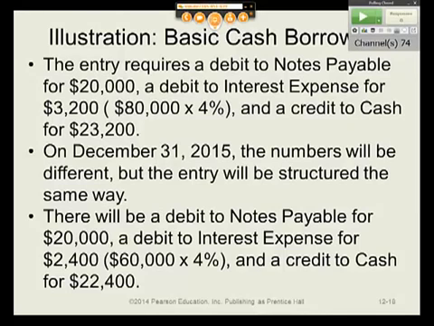So the way that would look is very similar to this one, right? Except in this case, on 12/31/14, you have to debit notes payable for the $20,000 payment. You have interest expense, and this is annual, so it's 4% of the 80 or the 3,200, and cash.